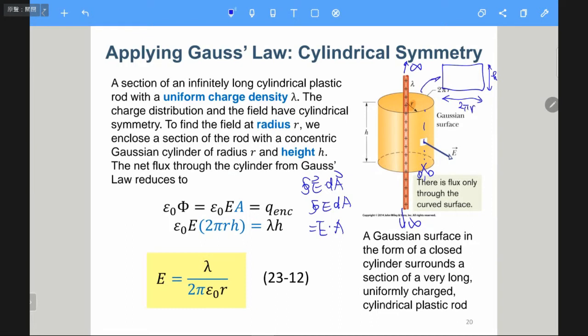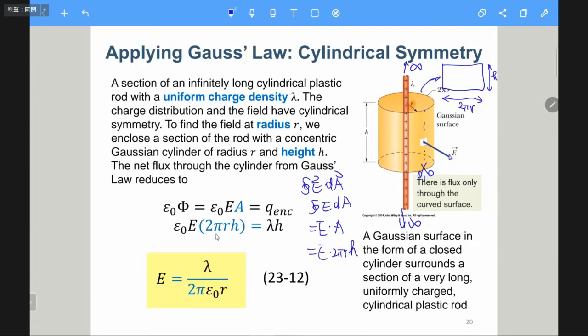So the surface area of the side of this cylinder, the total area for that part, will be 2 pi rh. So EA is E times 2 pi rh, which is this one.